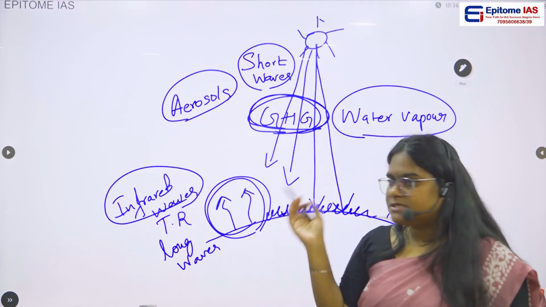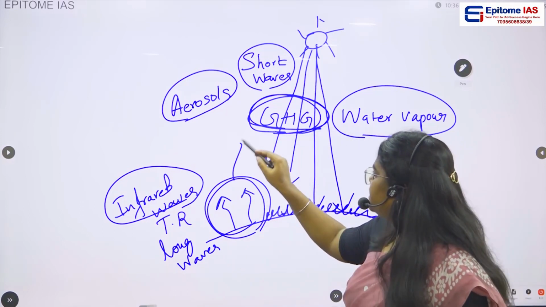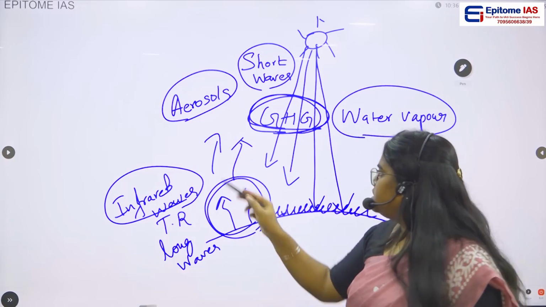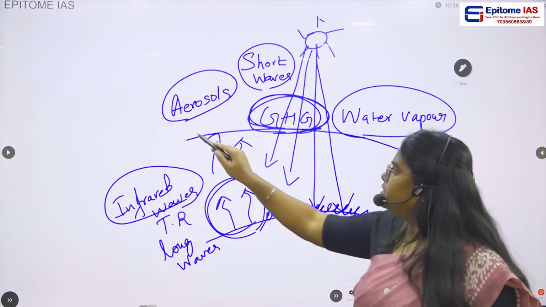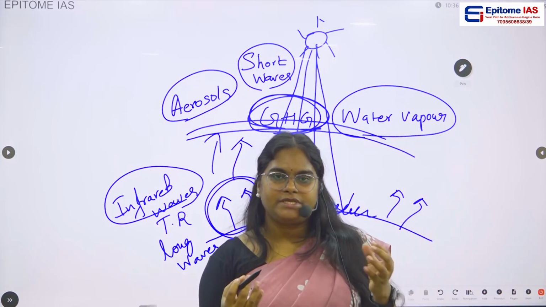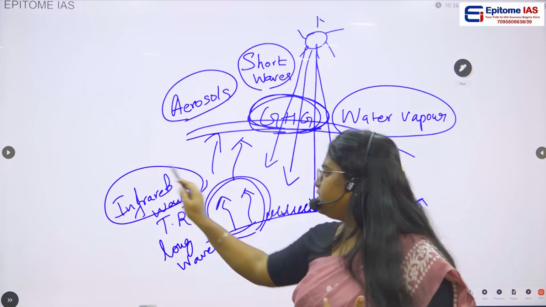So once these infrared waves reach the atmosphere, the greenhouse gases, the clouds or the water vapor have a property of absorbing the long waves, that is the infrared waves.